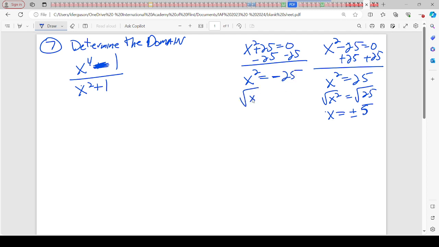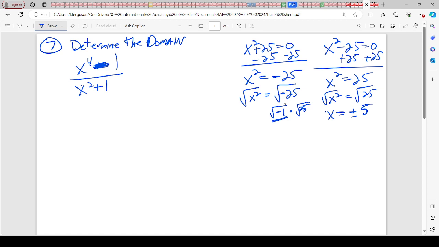I take the square root of both sides, and I got a negative under the square root. So we know what that means. That means I separate that. So that's the square root of -1 times the square root of 25, excuse me. And then I know that that gives me an i.